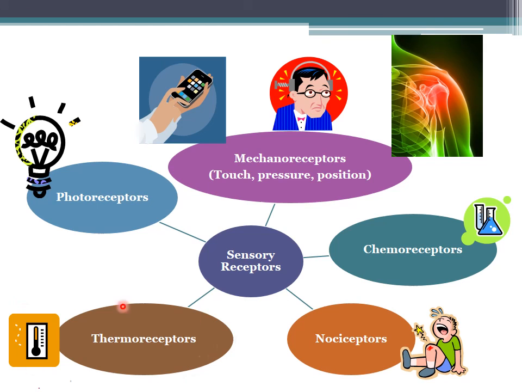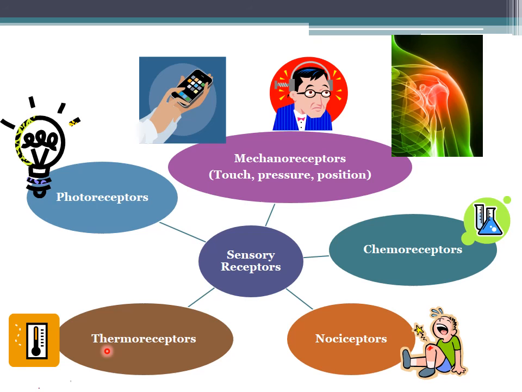The last type of receptors are thermoreceptors. Thermoreceptors are receptors that detect temperature. Essentially, thermoreceptors come in two types. There are the warm receptors and then what are called extreme receptors. Warm receptors are activated by temperatures that are slightly higher than body temperature, but the extreme receptors are not going to respond unless the temperature goes way above body temperature or way below body temperature.